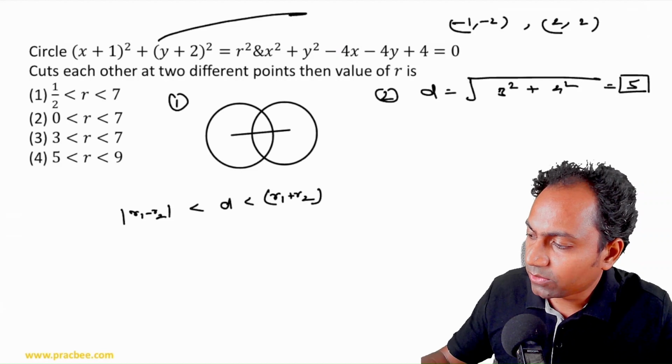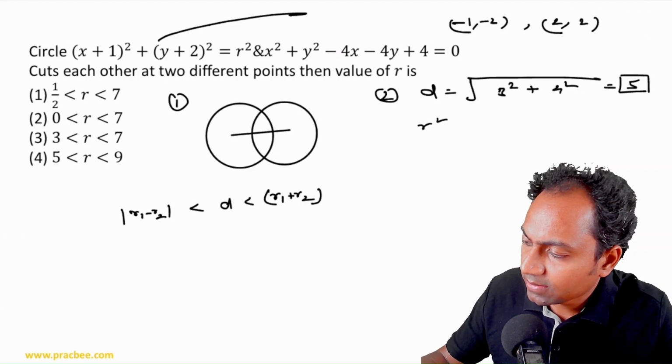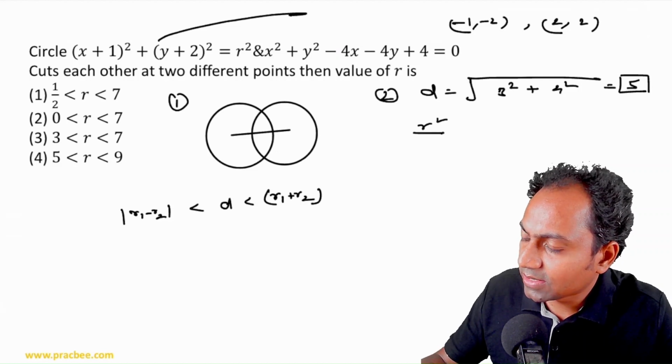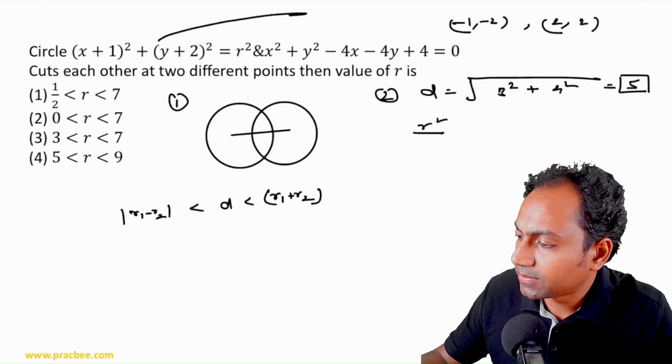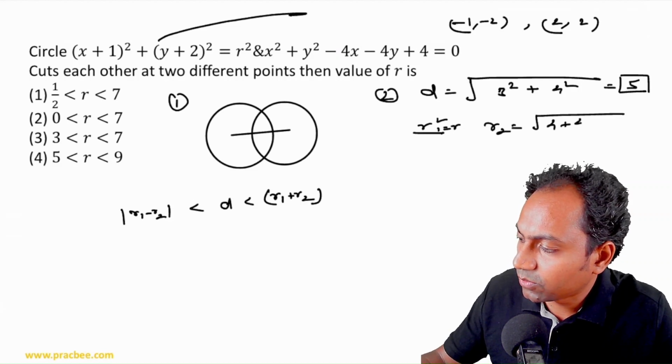Once you have got this value of D, the radius of the first circle is nothing but R. The radius of the next circle we can see, R1 is nothing but R, R2 is nothing but root of g square plus f square minus c. So 4 plus 4 minus 4. So it comes out to be 2.